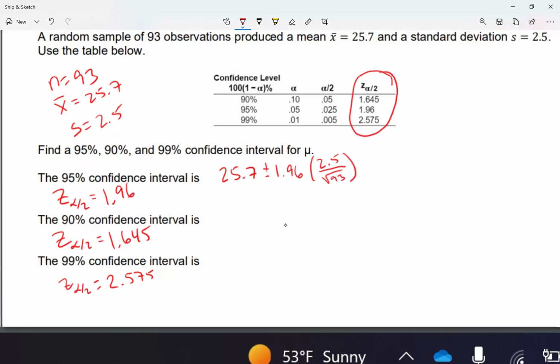My confidence interval, if I use the minus, gives me 25.19. If I use the plus, it gives me 26.21. So I'm 95% sure that the mean will be in between 25.19 and 26.21.